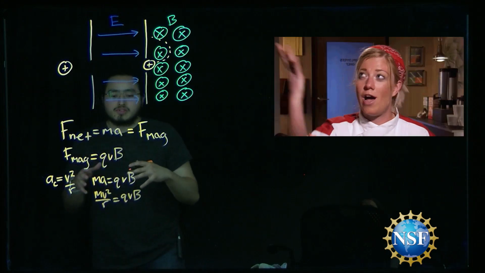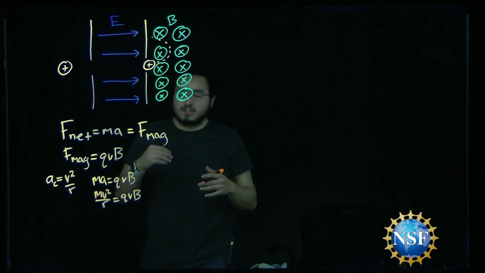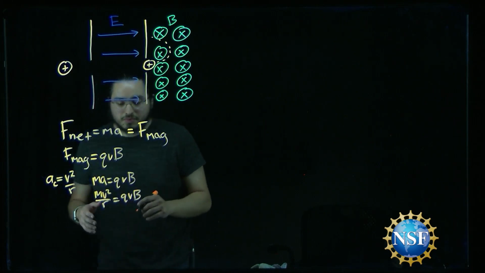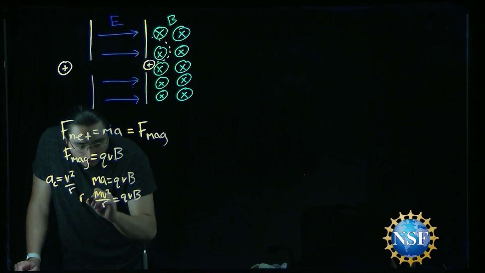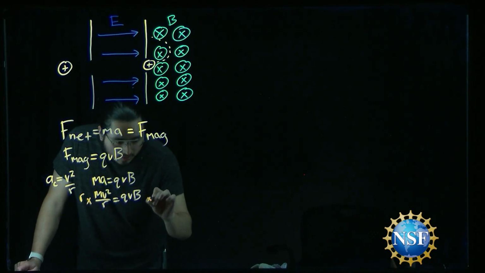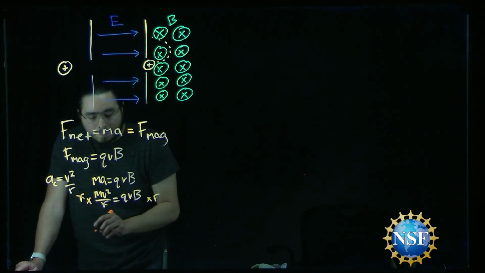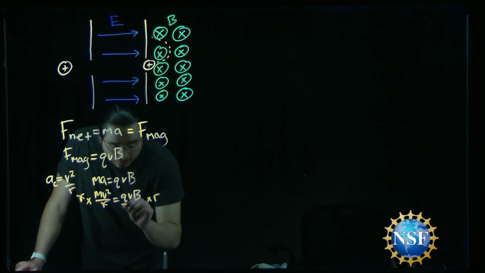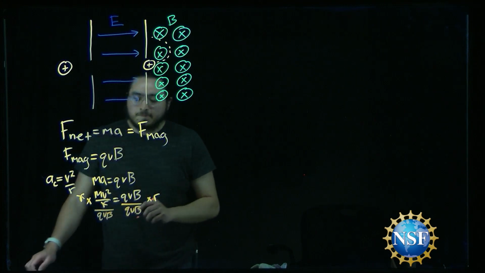Perfect. Now we're able to solve for r, the gyro motion radius. To do some big math, we just want r, so we multiply both sides by r. We lose it here, and now we have r over here, and now we want to get rid of these terms, so we divide by qvb.